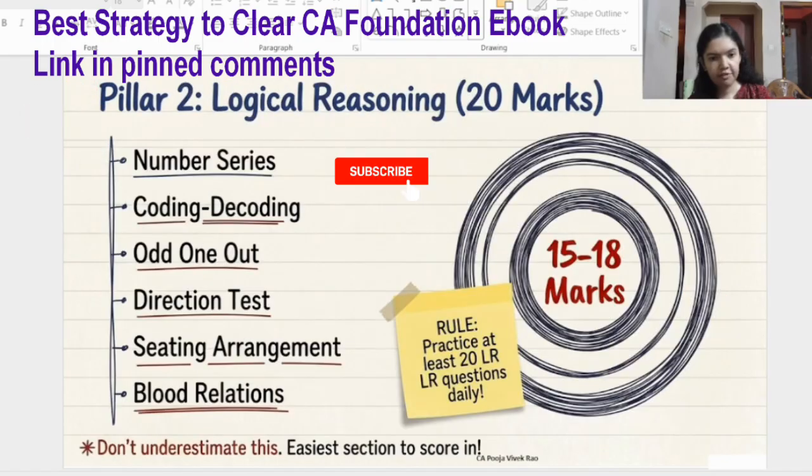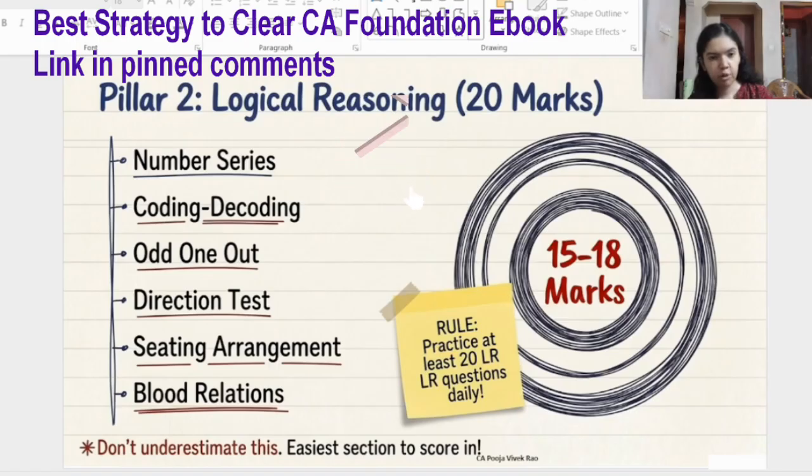Now going ahead with part 2, logical reasoning. This can actually be a score booster for you all. Many of you underestimate logical reasoning, but this section can become your biggest scoring opportunity. The topics here include number series, coding-decoding, odd one out, direction test, seating arrangement, and blood relation.